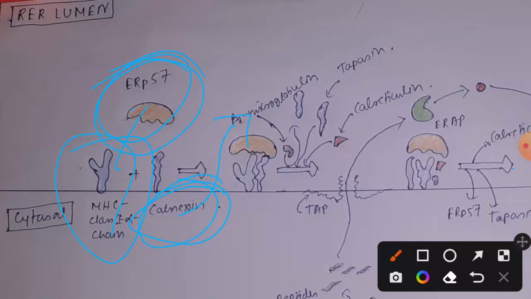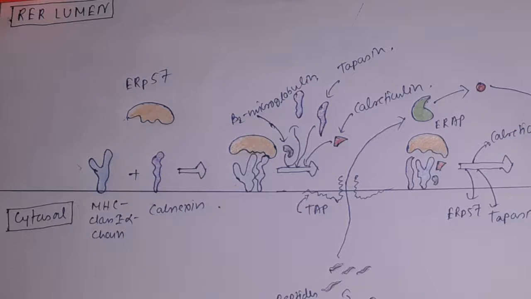So beta 2 microglobulin is the girl who is too possessive towards the MHC class 1 alpha chain. That is why it cannot tolerate the presence of calnexin and ERP57 in the presence of the MHC class 1 alpha chain. That is why beta 2 microglobulin facilitates the removal of calnexin and ERP57. So I am just joking, I am joking so that you can remember it, right? Quite funny, right?